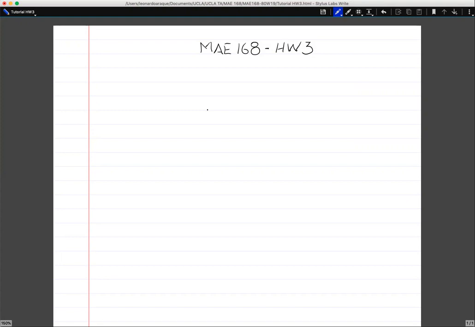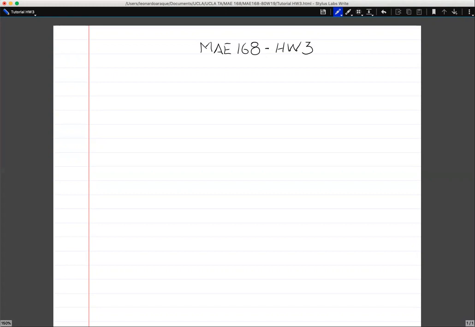So I will go over the main points of the finite element method applied to the homework. Okay, so the first step is to determine the ODE for the physics of the problem.